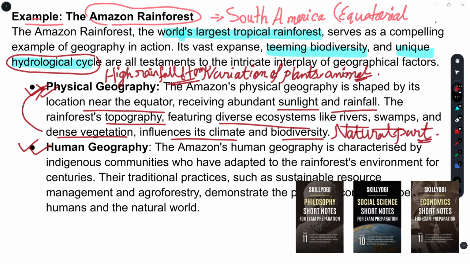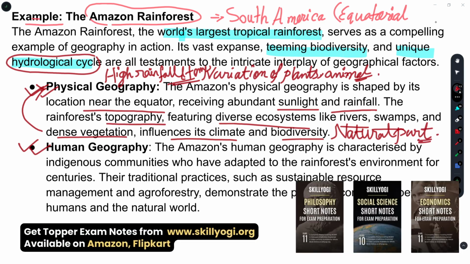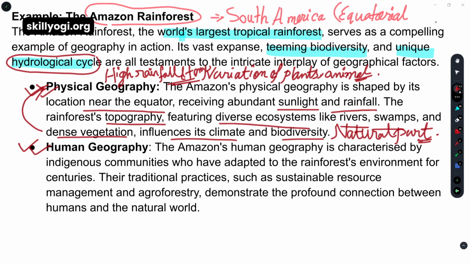That means where no outside things, no man-made things can be involved. That is called physical geography. Weathering, climate, biodiversity, plant life, animals, their shelters, rivers, mountains, plateaus, everything is related to physical geography.